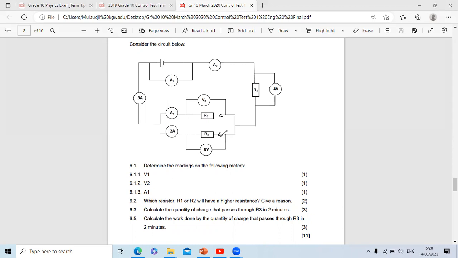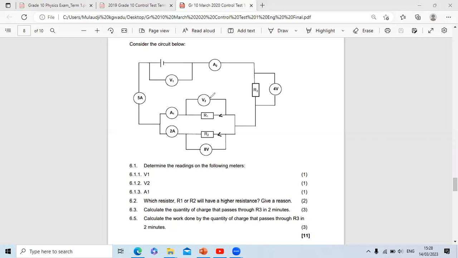So what you have is that you're gonna have the same amount of voltage going through R1 and the same amount of voltage going through R2. So that means the reading on this voltmeter, which is 8 volts, is going to be the same as the reading on this voltmeter V2.